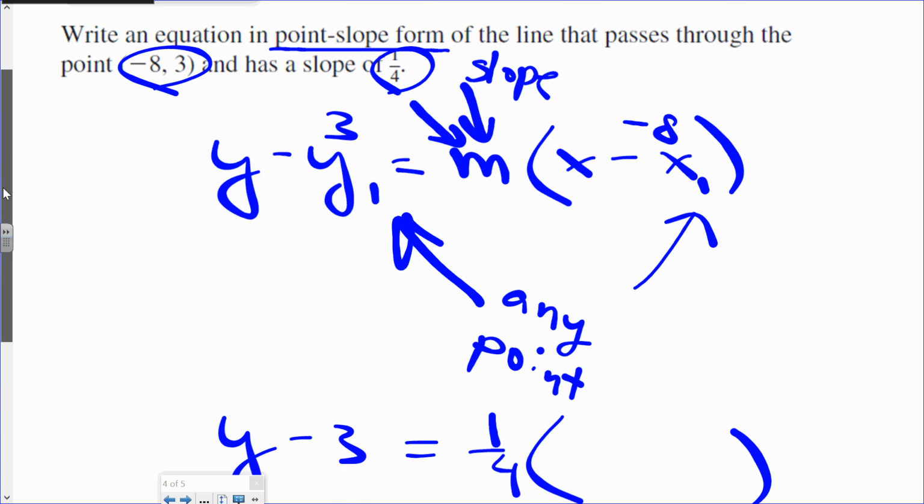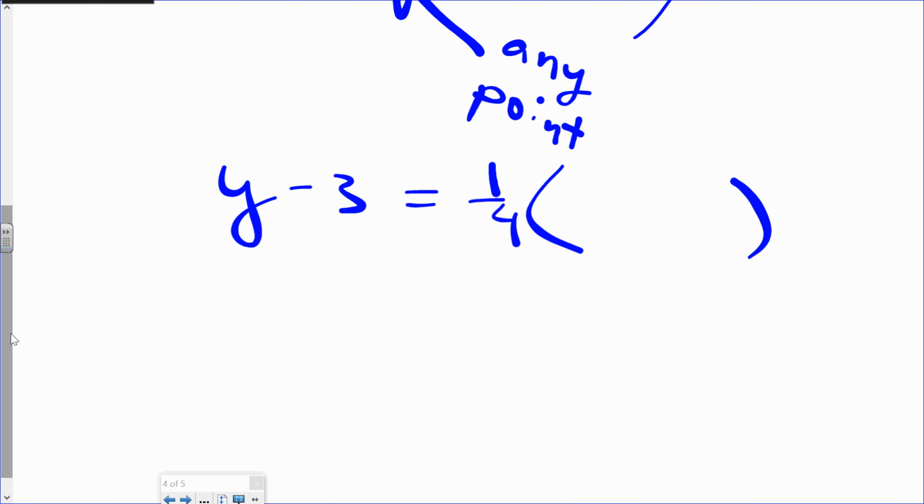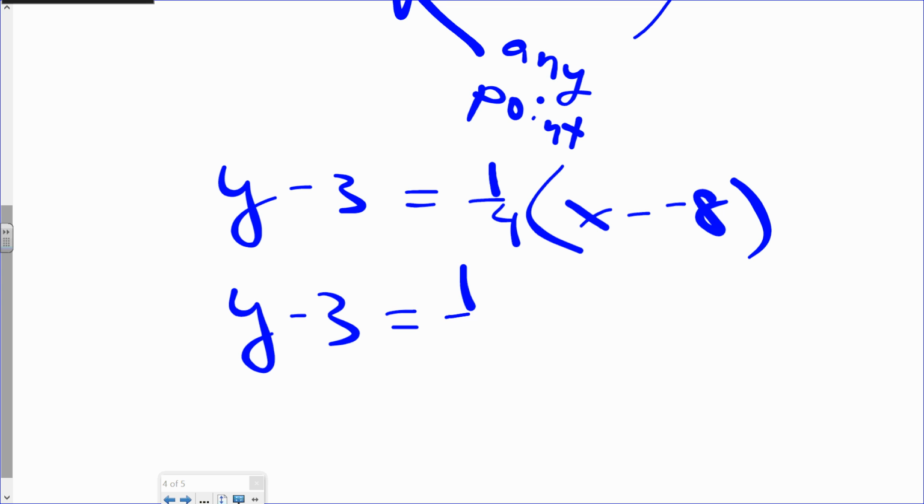Quantity x minus -8. We should write that more professionally though: x minus a -8. So let's do it one more time. x minus -8, I think that's x plus 8. Done.